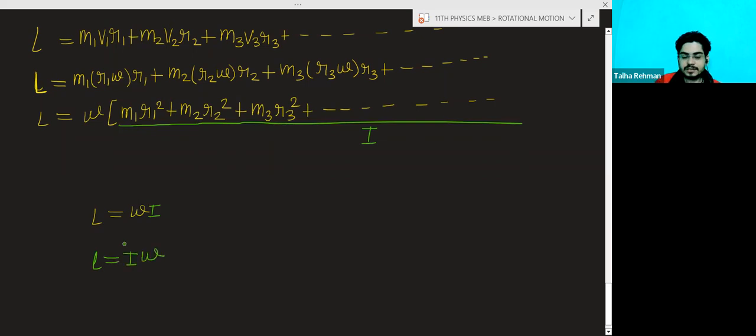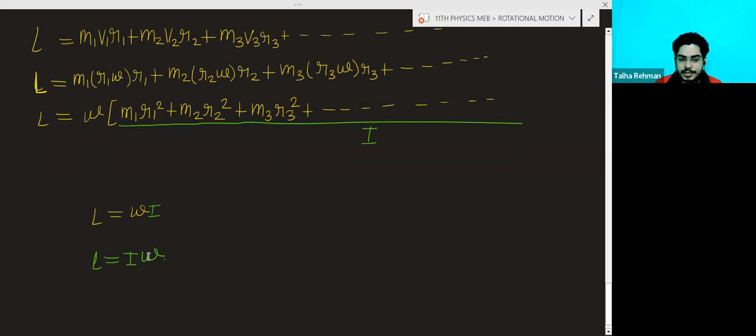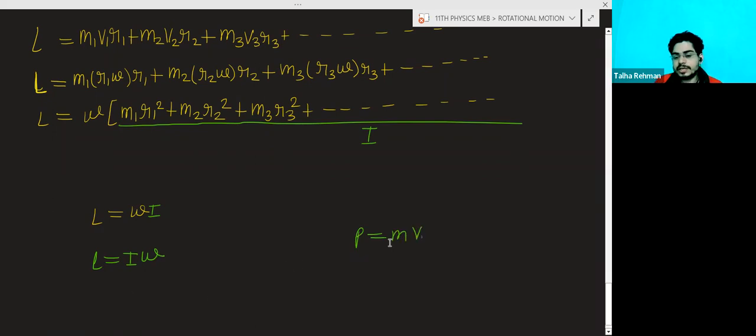Now I can compare this with the linear motion. This is the formula we have in rotational motion: angular momentum, I into omega. But in case of linear motion, what do we have? Linear momentum, mass into velocity. So in rotational motion, instead of mass there is a moment of inertia, and instead of linear velocity there is an angular velocity.